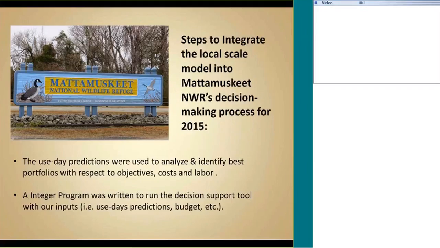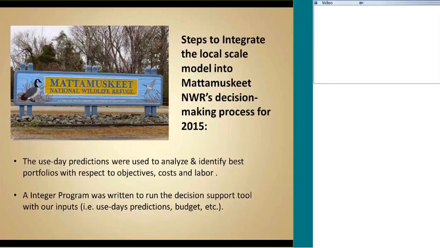So the steps that we used to integrate the local scale model into the actual decision-making process went something like this. It occurred through the use of quantitative shorebird and waterfowl use days predictions that were extracted from a Bayesian belief network.